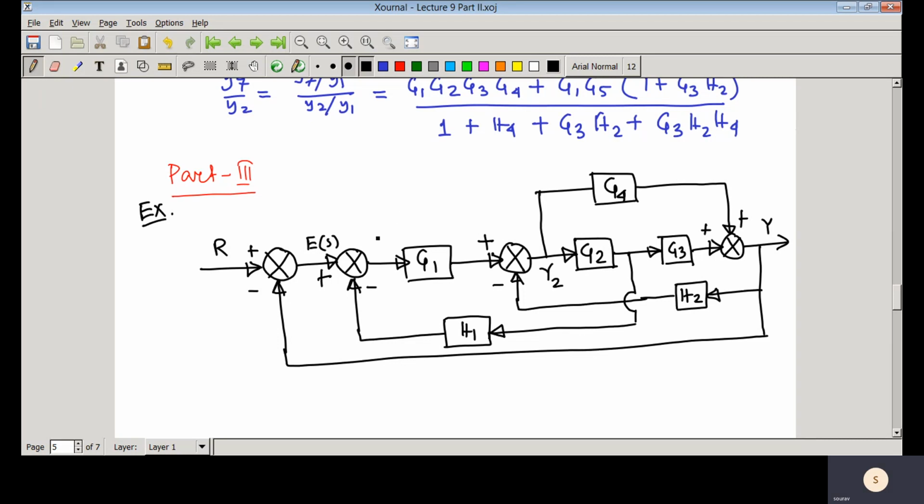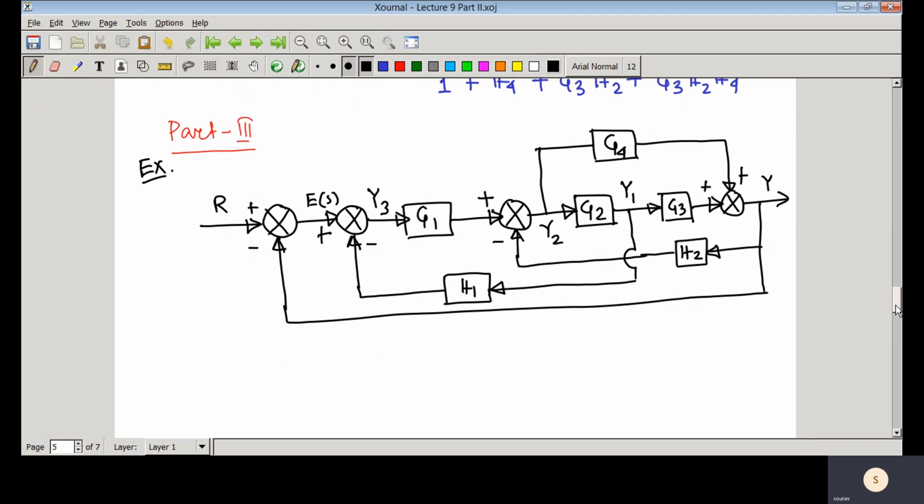From there we will be finding the transfer function. So this variable is defined as Y3, this is Y2, and you have another variable, that is Y1, and these are the transfer functions.